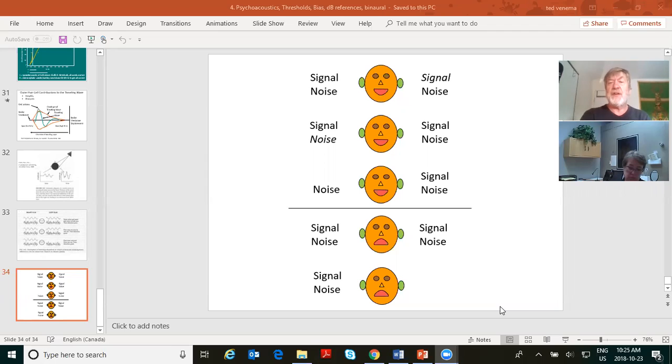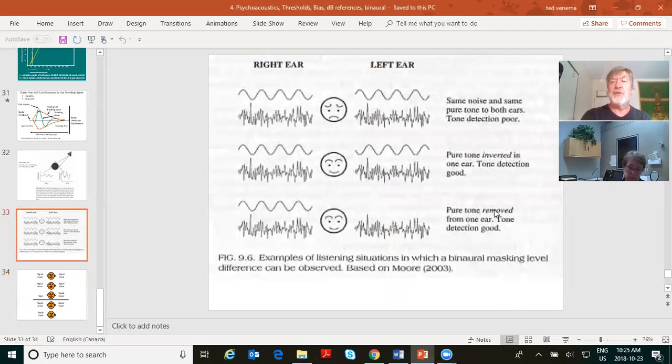The same thing I could show you in this picture here, and this is in your slides too, of course. Look at the three heads. Right ear, left ear. Top head, same noise, same pure tone to both ears. Tone detection is poor. Middle head, pure tone is inverted in one ear, the phase.